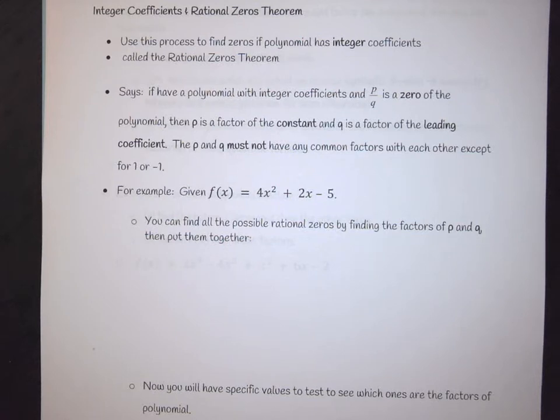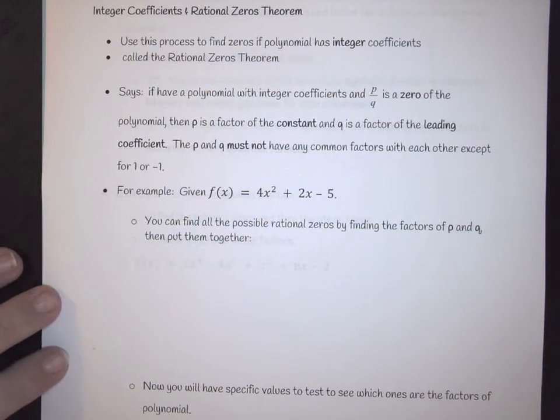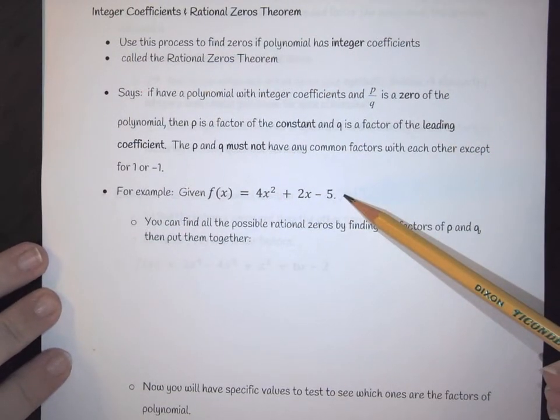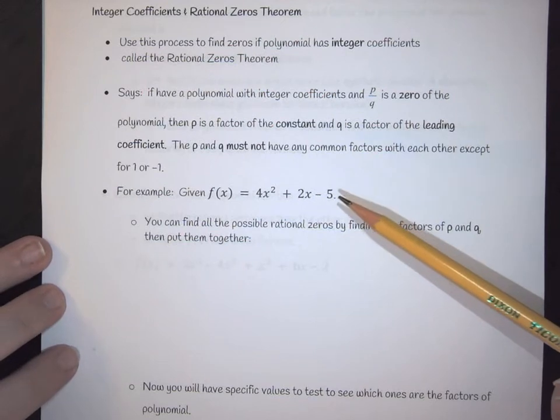Now you only want to list them essentially once, but we're talking about polynomials where we don't just have, say, x to the fifth. Instead we've got, say, 12x to the fifth. Okay. So here in this example I have 4x squared plus 2x minus 5.